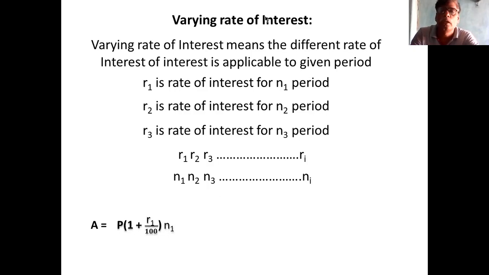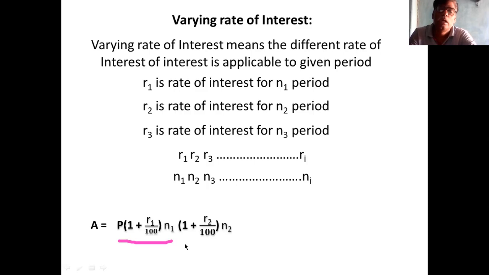If you calculate the amount for the first period, that amount becomes the principal for the second period. Therefore, the second period amount equation is 1 plus R2 by 100 raised to N2.